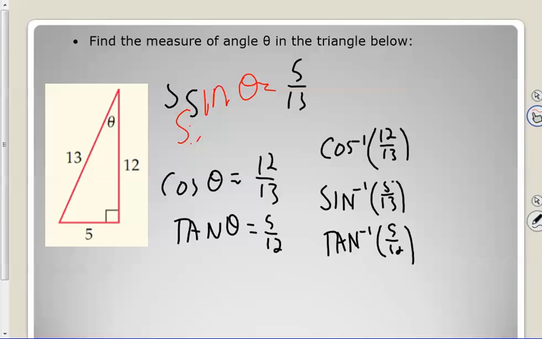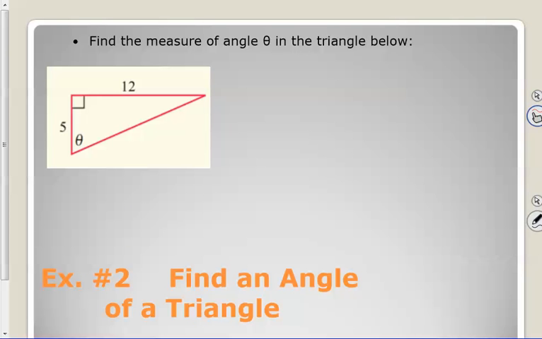The arc is the second sine, second cosine, or second tangent. So that's what you would hit to do that. Regardless of whichever one you use, your theta should get you 22.6 degrees. Make sure your calculator is in degree mode. Make sense? Cool. All right.